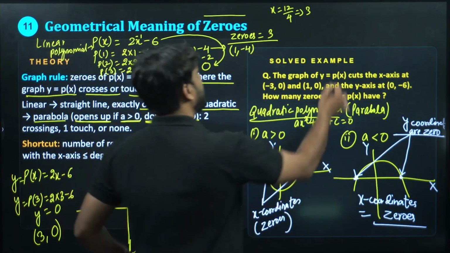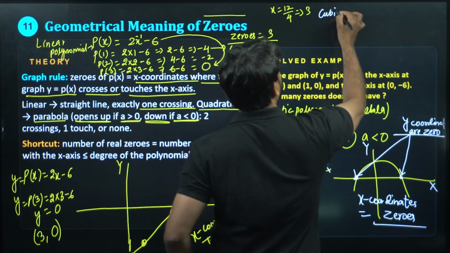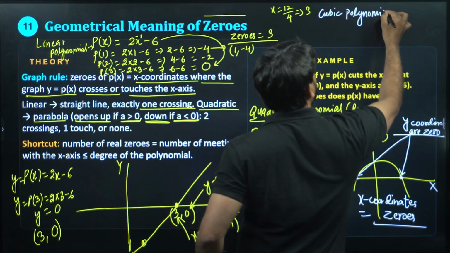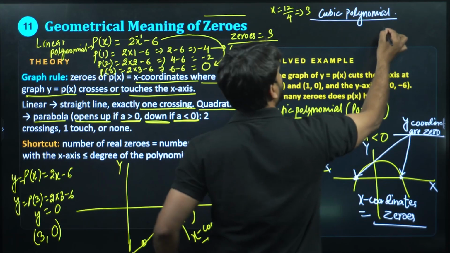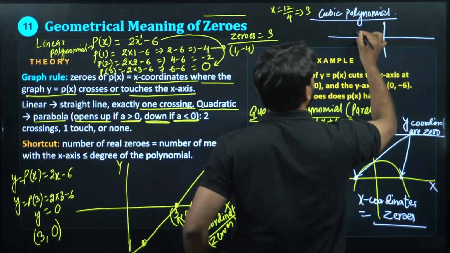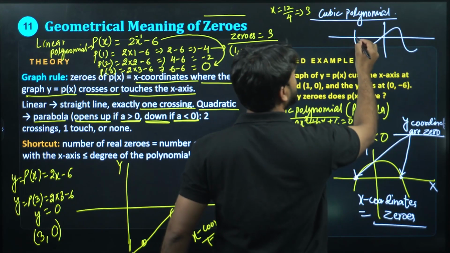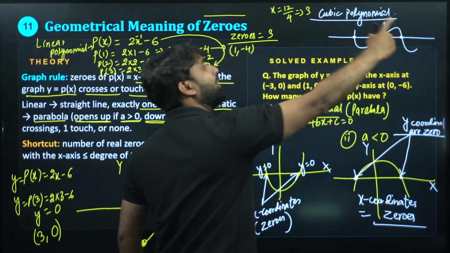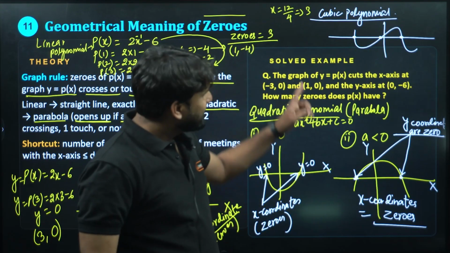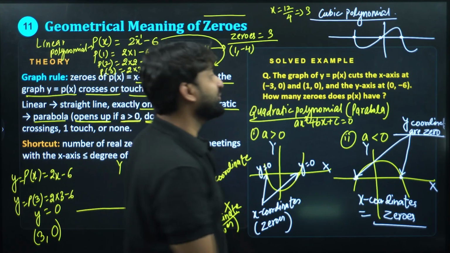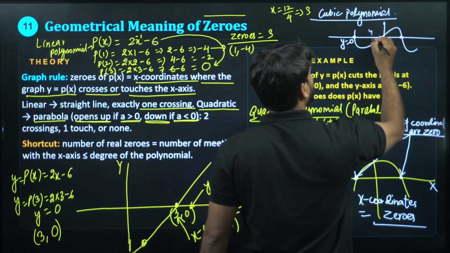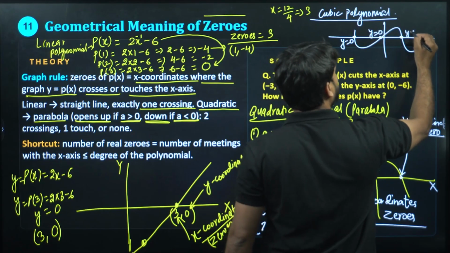If we talk about a cubic polynomial, look, the cubic polynomial will look like this. Can you see here? At all these 3 points, the y coordinates are 0. Here the y coordinate is 0, here the y coordinate is 0, here the y coordinate is 0.